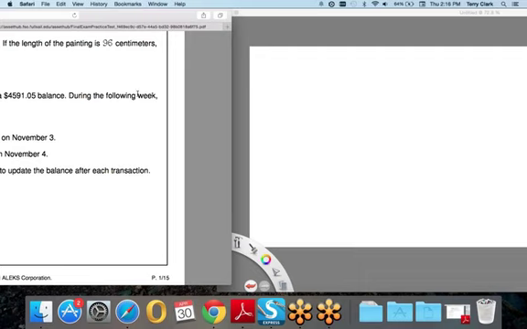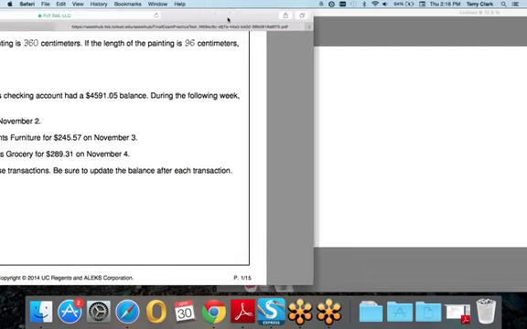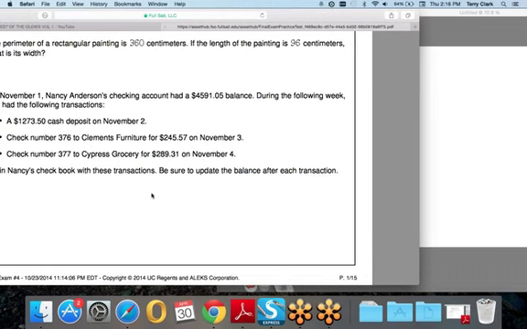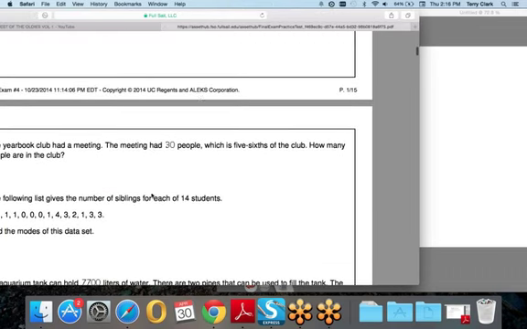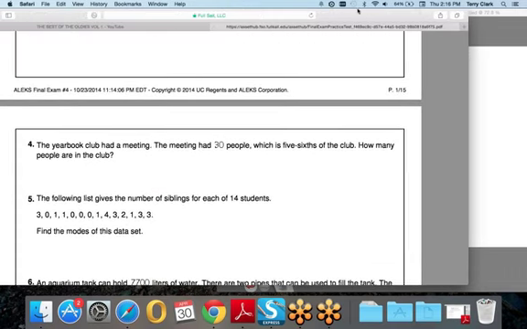Okay, so let's look at the next problem. The next problem says the yearbook club had a meeting. The meeting had 30 people, which is 5/6 of the club. How many people are in the club?